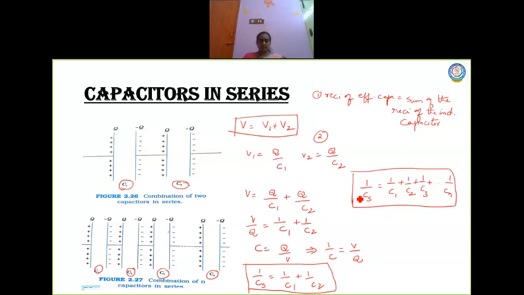So this equivalent capacitance will be smaller than the smallest individual capacitance, that is, the equivalent capacitance will be lesser than the least value of the individual capacitance. For example, I wanted to explain this to you in a better manner, children.